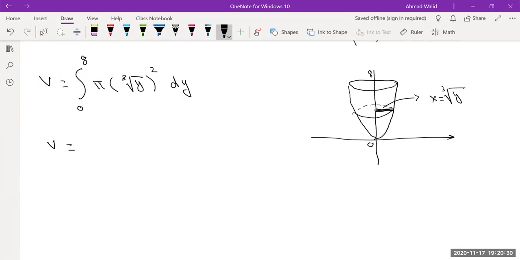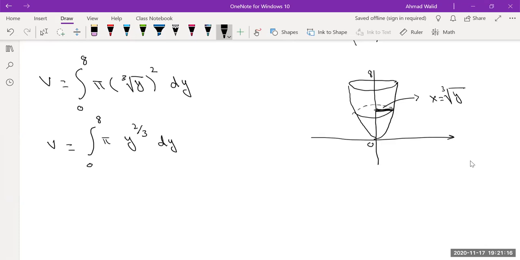V equals integral from 0 to 8 pi. If you simplify, it gives you y to the power of 2/3 dy.